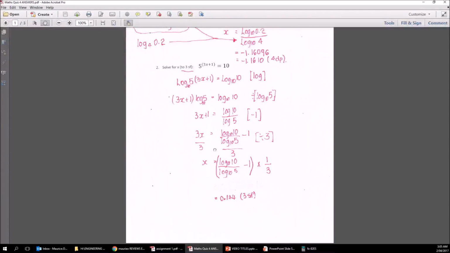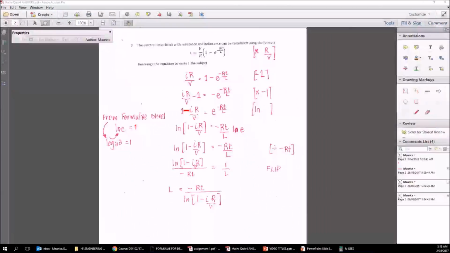All right, so next we're going to page down. And so here we have question 3 up on the board here. This is the hardest of the 3 questions at the end of the test.